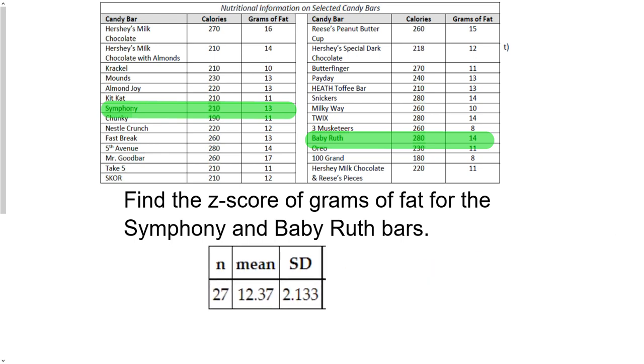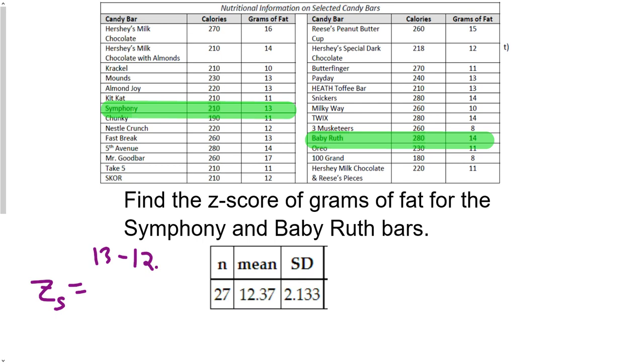So here's that information. In order to find the z-score for each of them, let's do Symphony first. We'll do that over on the left here. The z-score for Symphony, we'll say, is, again, your value, which in this case is 13 grams, minus the mean we have of 12.37, and divided by the standard deviation of 2.133.